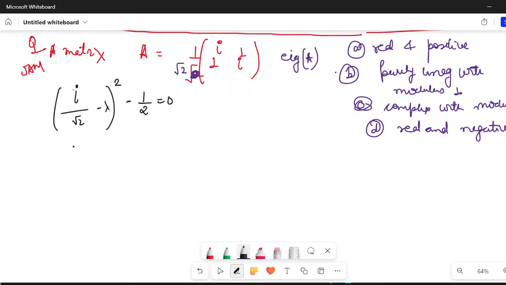I will simply get iota upon root 2 minus lambda is equal to plus minus 1 upon root 2, and so lambda would be simply equal to 1 upon iota, 1 minus plus.